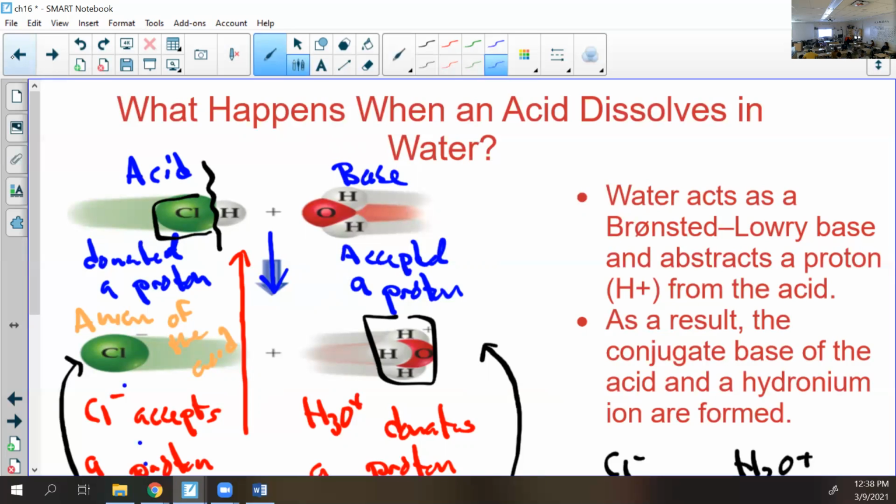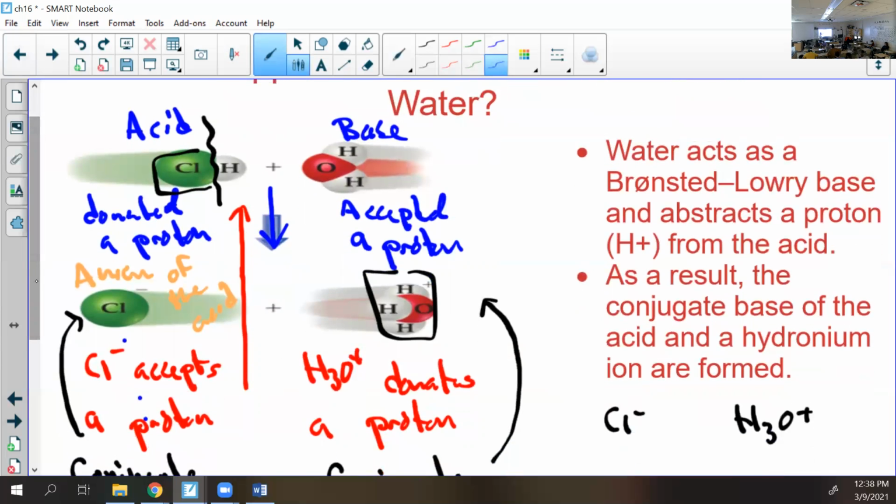Okay, ready? So here we go. Water accepted a proton to become H3O. Fair enough? All right, now, as a result, the conjugate base of the acid and a hydronium ion are formed. So this HCl donated its proton. So now we have Cl minus.